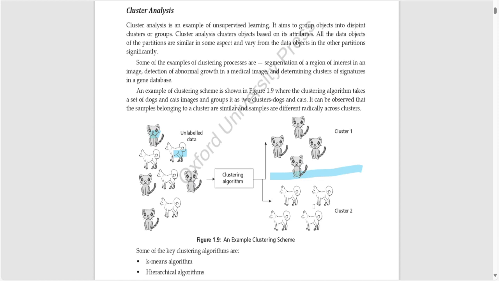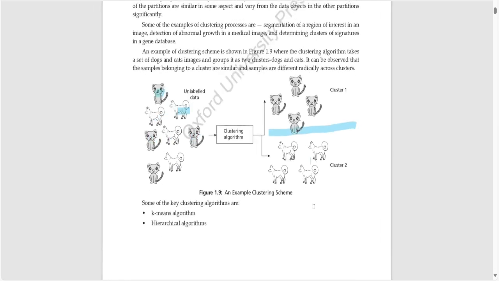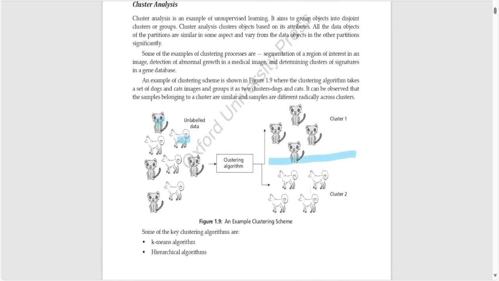The k-means algorithm or hierarchical algorithm uses this unsupervised learning and cluster analysis. In that, we are given a data set. In the hierarchical algorithm, as I have discussed in my video, what happens? We are given two data sets.